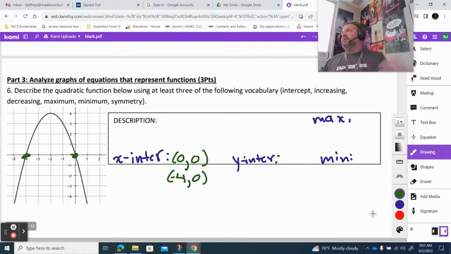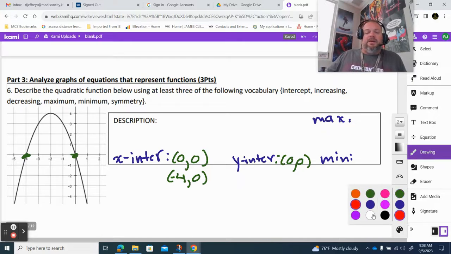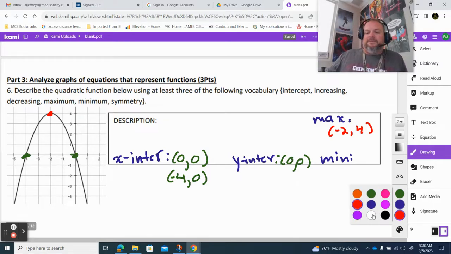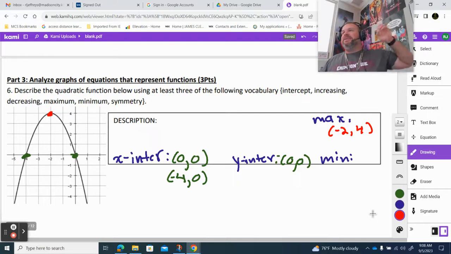Does it have a Y intercept? It's kind of funny because our Y intercept is actually one of our X intercepts. Our max, this point right here, that's our highest point. Highest point is -2, 4. And the minimum, what is the smallest?